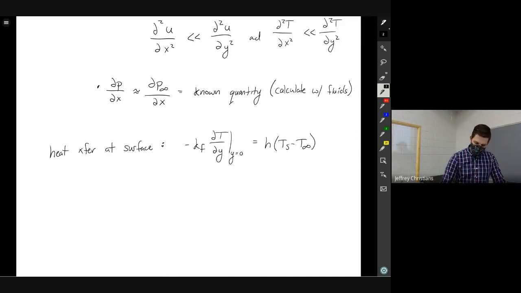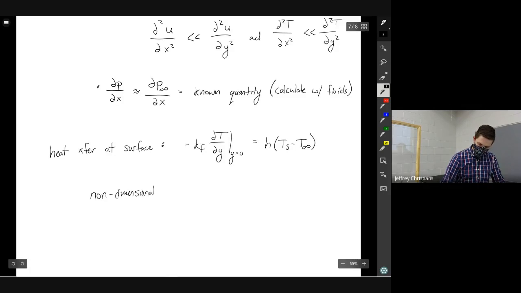We're going to take this and non-dimensionalize it. You've had some practice doing this. We're going to do this for the same reason that we did it when we were looking at 1D conduction: so that we get all of the units out that we can. In the time-dependent 1D conduction, we got all of the units out except the Bi number kind of hung around.